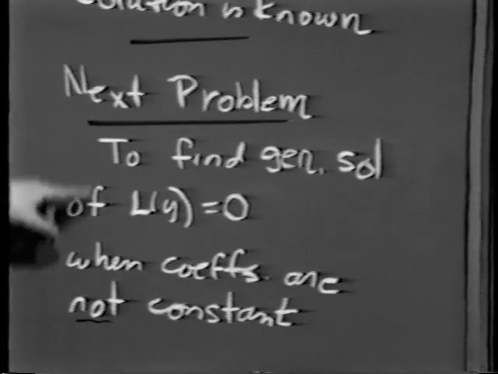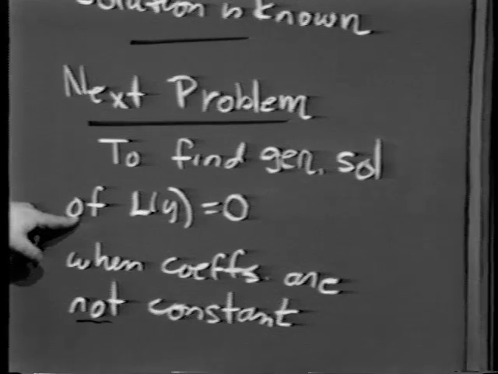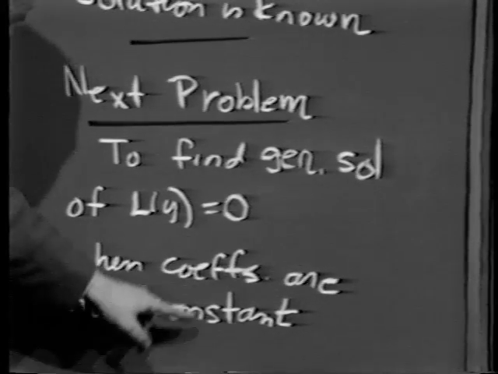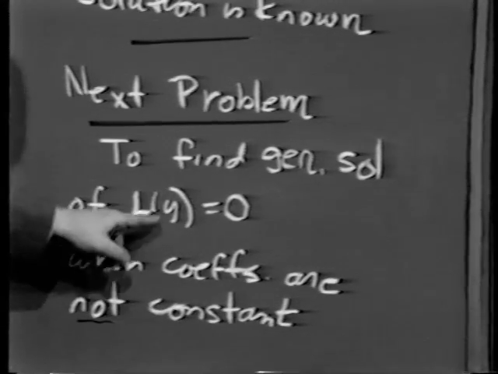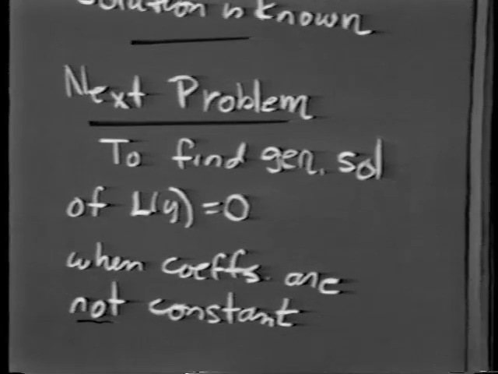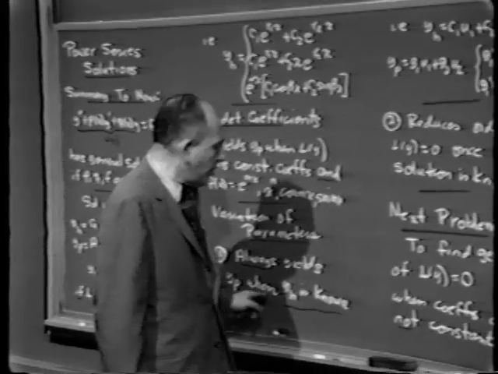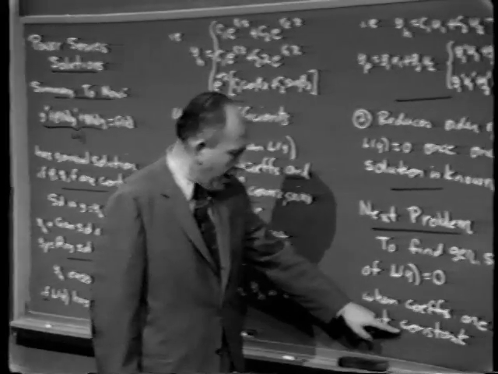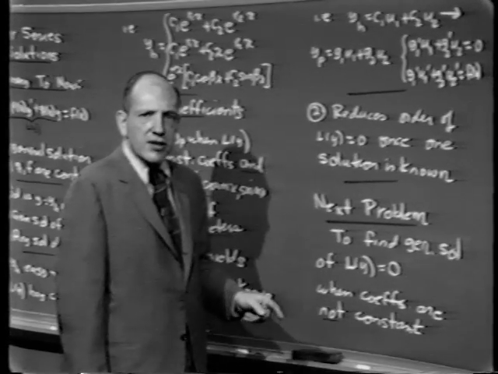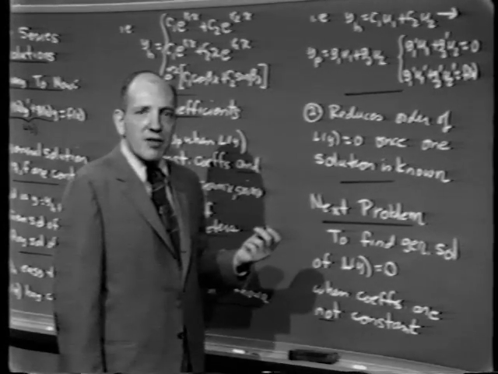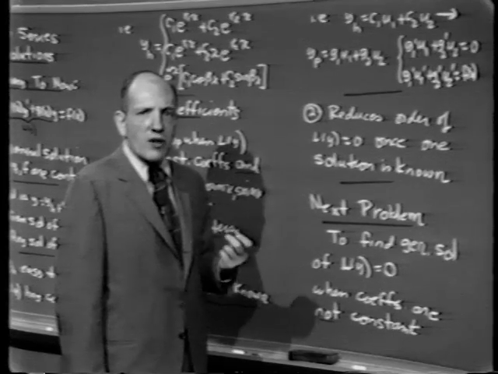In other words, if I can find this general solution of L of y equals 0 when coefficients are not constant, then you see I can use the method of variation of parameters, which always yields y sub p once y sub h is known, to find the particular solution. Then y sub p plus y sub h will be my general solution.